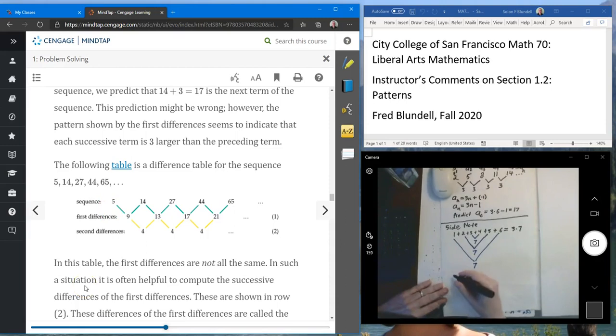Now what if we wanted to do that in general? What if we wanted to go up to 20? Well, we do them in pairs again. We're going to have 21. It's the 1 plus 20.